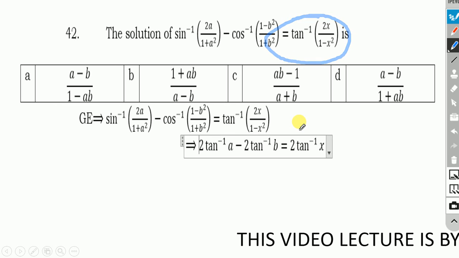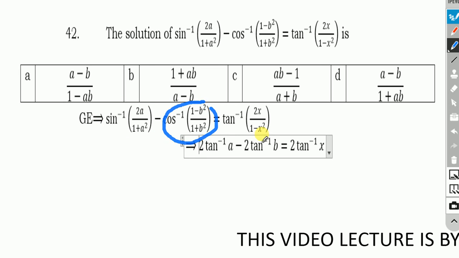So I have option A is a minus b by 1 minus ab. Option B is 1 plus ab by a minus b. Option C is ab minus 1 by a plus b. Option D is a minus b by 1 plus ab. So now the given expression is sine inverse of 2a by 1 plus a square minus cos inverse of 1 minus b square by 1 plus b square is equal to tan inverse of 2x by 1 plus x square.